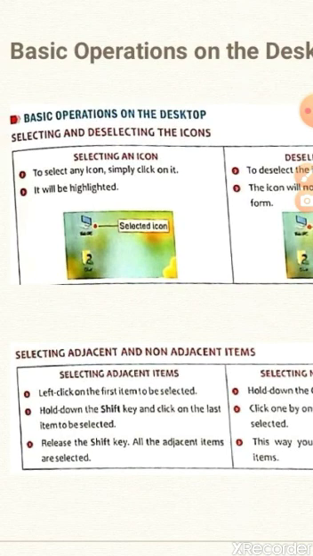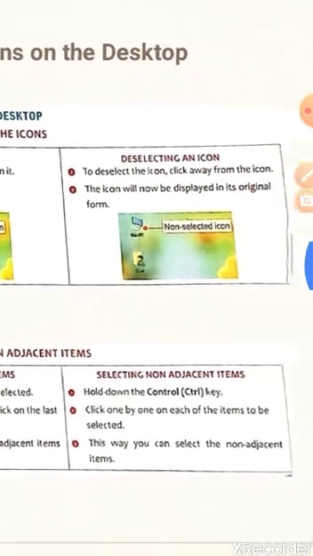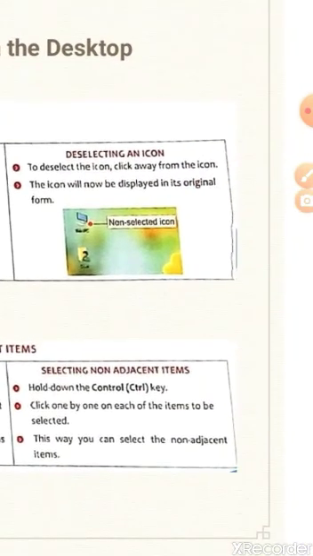Once it is highlighted and the color changes, that means it has been selected. Now, if you don't want it to be selected or you want to select something else, how do we remove the selection? We have to deselect the icon by clicking away from the icon.